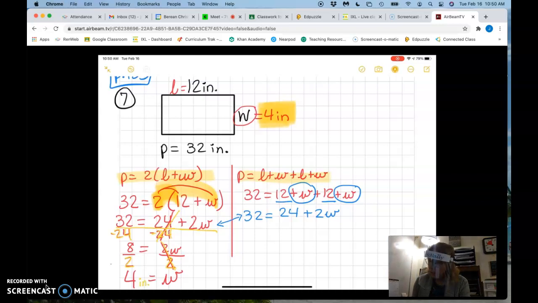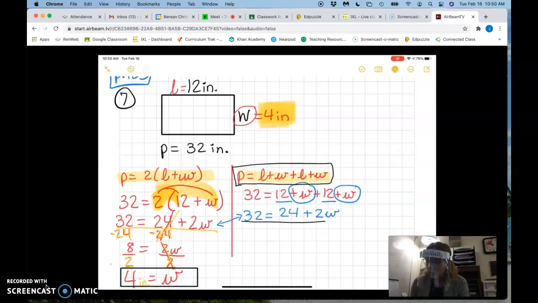So the answer to our missing side is w equals 4. All right, and then this was just the other equation that you could have plugged it into and how I solved that. And then once I got to this step here, it was the same as this other side. And so you can just see how it's solved, okay?